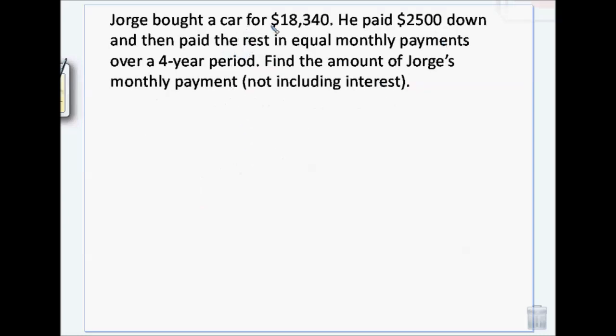Okay, so multi-step application problems. We've got a car that's $18,340. You're paying a $2,500 down payment, and then you're paying the rest in equal monthly payments over a 4-year period. We're pretending there's no interest. Wouldn't that be nice? Okay, so to figure out this problem, first we need to see how much he still owes after the down payment.